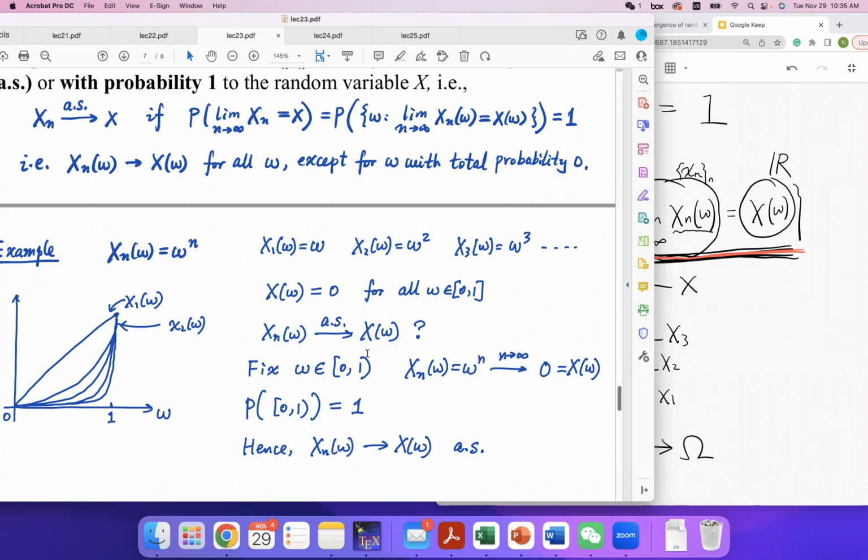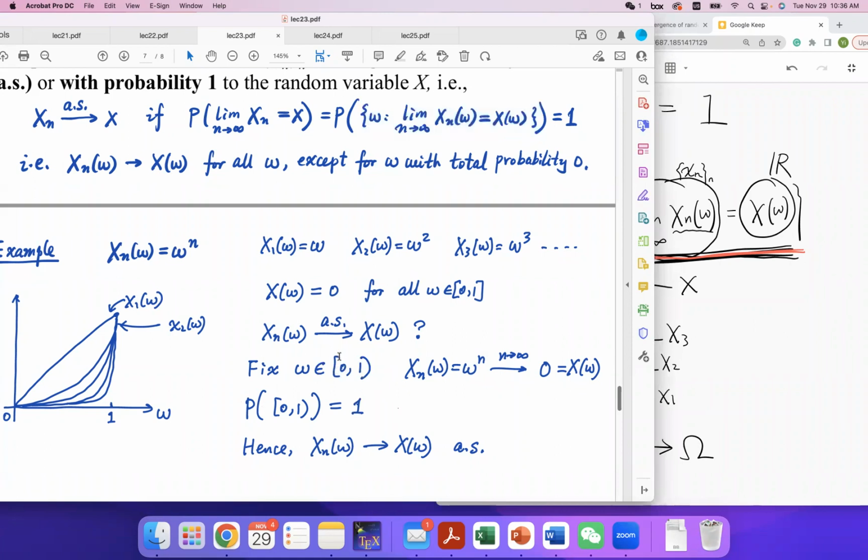So this set does not include 1. This is the set of outcomes where this limit holds.